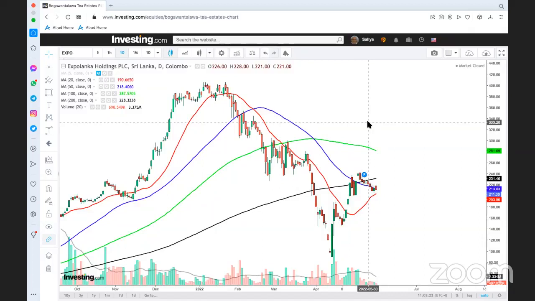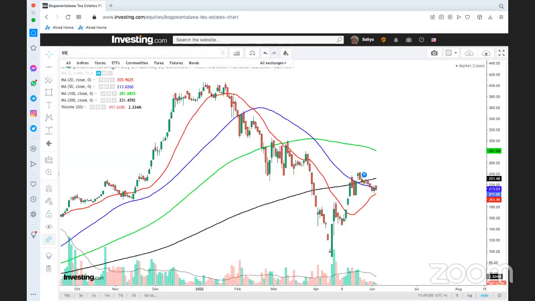So until this breaks above all these four moving averages, we have to decide whether this is the best stock to trade, or the stock that we will benefit from, or whether there are other stocks. Brown's Investments is the other one.